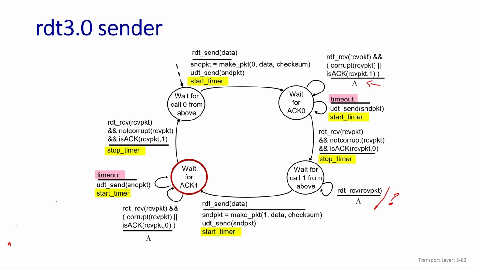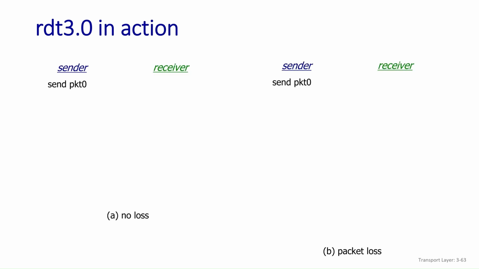And if we receive a packet and this packet is either corrupt or is an acknowledgement for some other sequence number, we'll do nothing and wait for the acknowledgement. This we have already covered. And again, in case of a duplicate acknowledgement, we need not take any action, right?